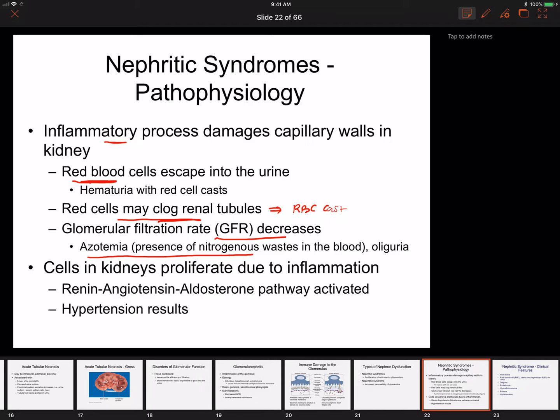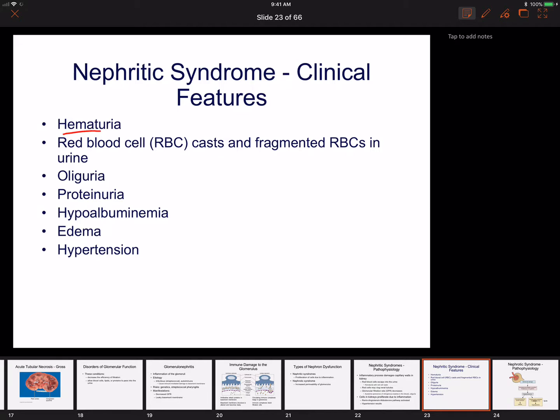Now, the RAS system, the renin-angiotensin-aldosterone system, may be activated, and we may see hypertension as a result. So patients usually present with hematuria, red blood cell casts, oliguria, decrease in urine output, proteinuria, but it's not as severe as the nephrotic.